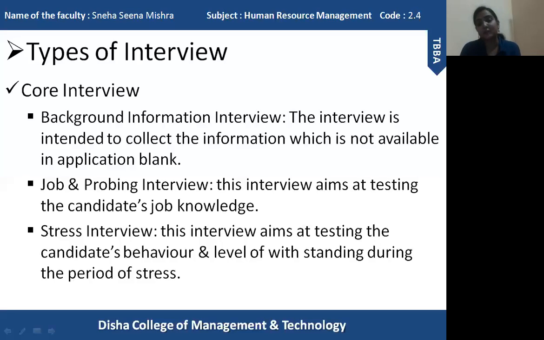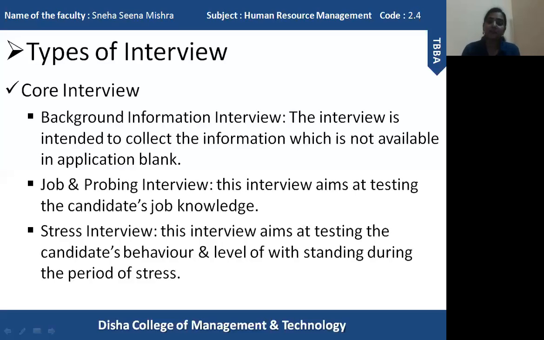Various aspects of the job are discussed. How many aspects of the job are actually known by the candidate, how to do a job, how to handle the various types of technicalities, what are the techniques used to perform a job. This kind of information specifically related to the operations and execution of the job is asked under this job and probing interview.